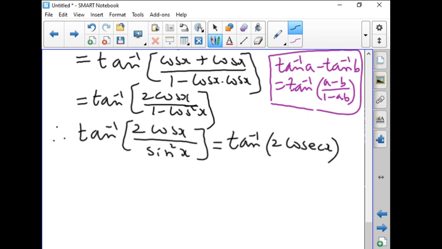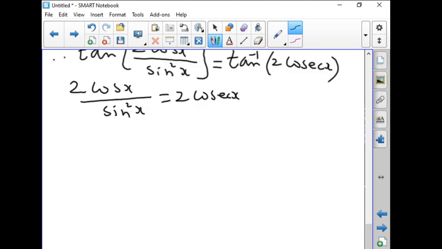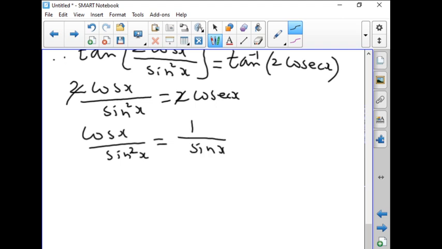So, on both the sides tan inverse can be removed. So, what do we get? 2 cos x by sin square x is equal to 2 cosecant x. So, now 2 gets cancelled. So, cos x by sin square x is equal to 1 by sin x.